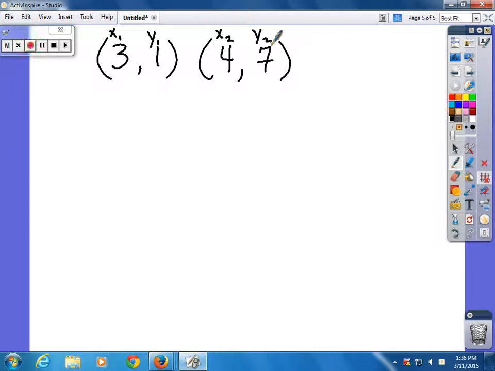When you see a subscript in science or math, that means the first temperature versus the second temperature. The first Y versus the second Y. The first whatever is where it comes in line. Think of it as an assembly line.